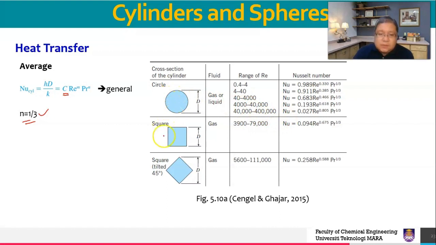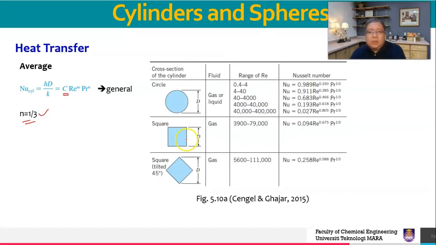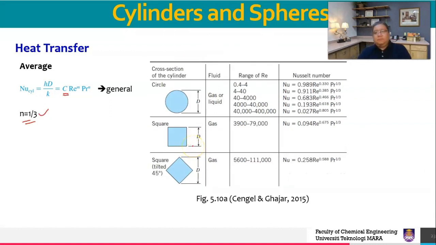And you also have the tilted square, and any other cylinder forms: round cylinder shape, square, hexagonal, and so on and so forth.